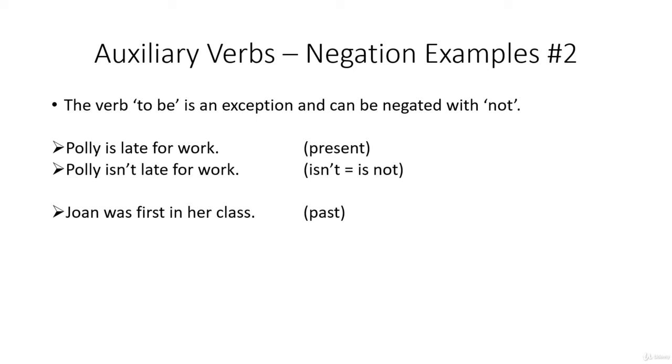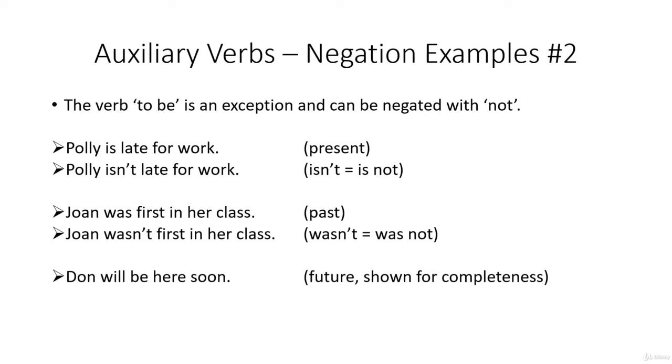Joan was first in her class, or Joan wasn't first in her class, where wasn't is was not. And the future tense is shown here really just for completeness. The future tenses are formed in a different way. We have Don will be here soon, or Don won't be here soon, where won't is the concatenation of will not.